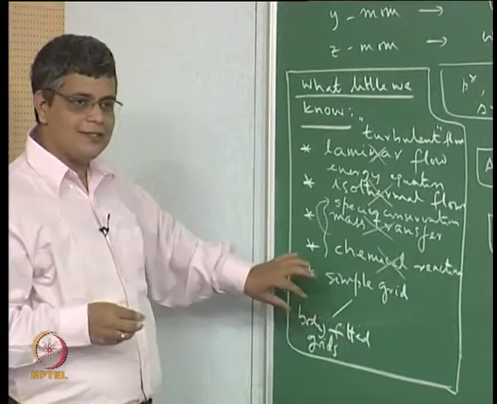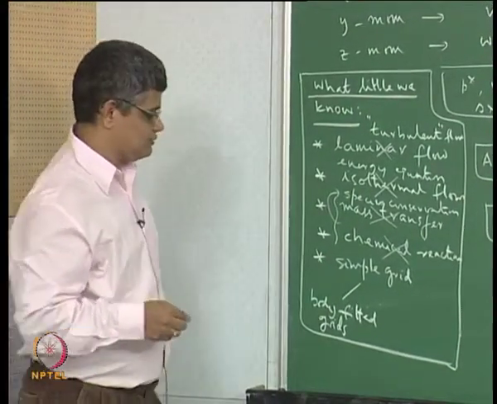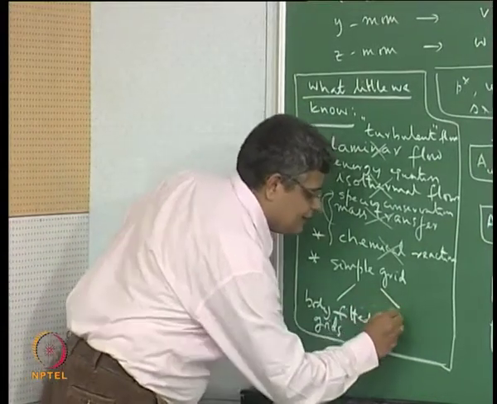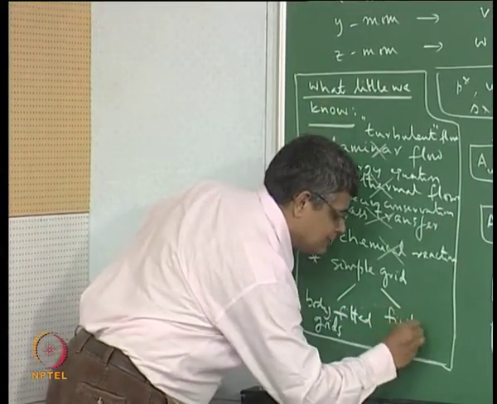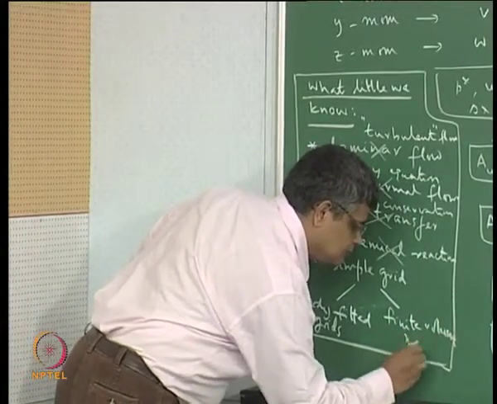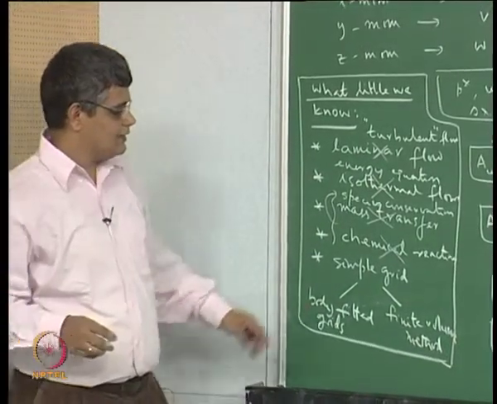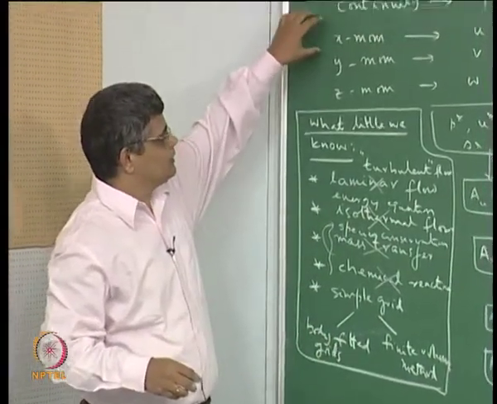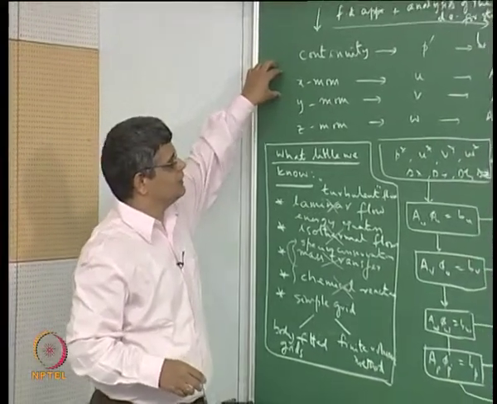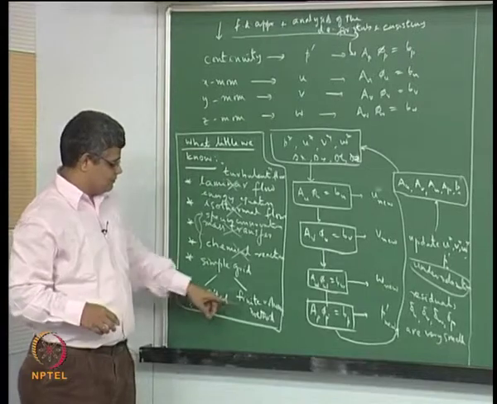So that is a generic method using which we can tackle complex geometry, and the other is the finite volume method, which fundamentally changes the way that we can go from the partial differential equation into the discretized equations.